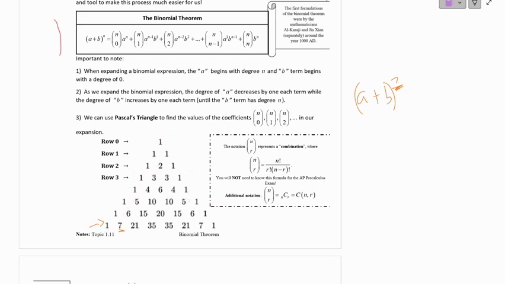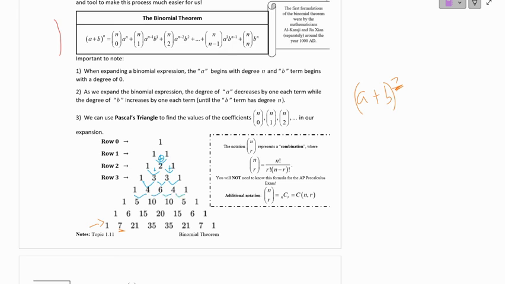And then every row after row 0 is created by adding the 2 terms above it. So again, it starts with the 1, but then the next term is 1 plus 1, because those 2 are right above it, gives you 2. 1 plus 2 is 3, 2 plus 1, also 3. 1 plus 4, 3 plus 3, 4 plus 1. 1 plus 5, 4 plus 6, 6 plus 4, 4 plus 1.